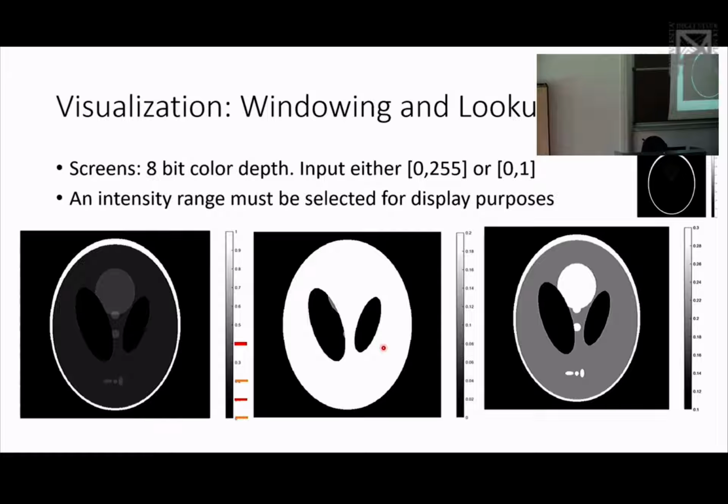What you can do, for example, is say, okay, let's plot what happens between 0 and 0.1. We see all of this background here becomes white. You cannot distinguish it anymore from the bone. But you see that you have 2 circles appearing here. And if instead we focus between 0.1 and 0.3, sorry, you can see that we distinguish a lot very well.